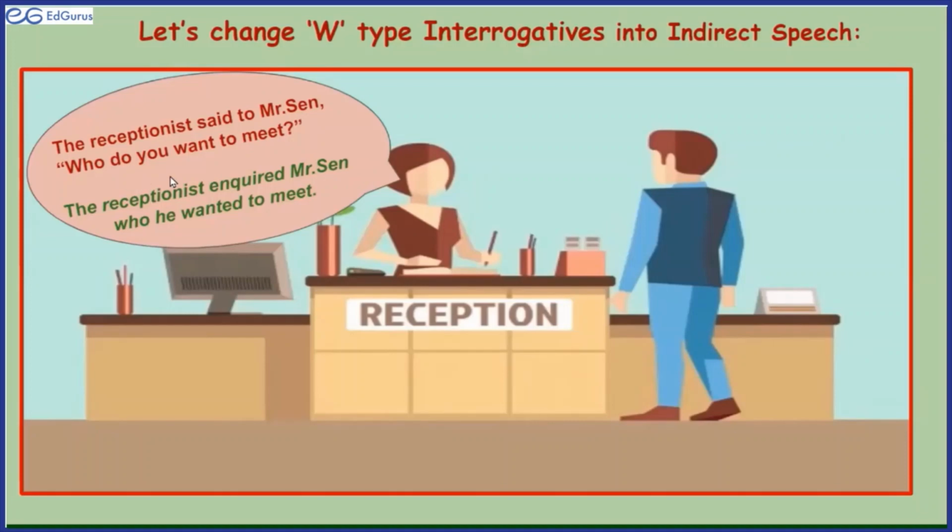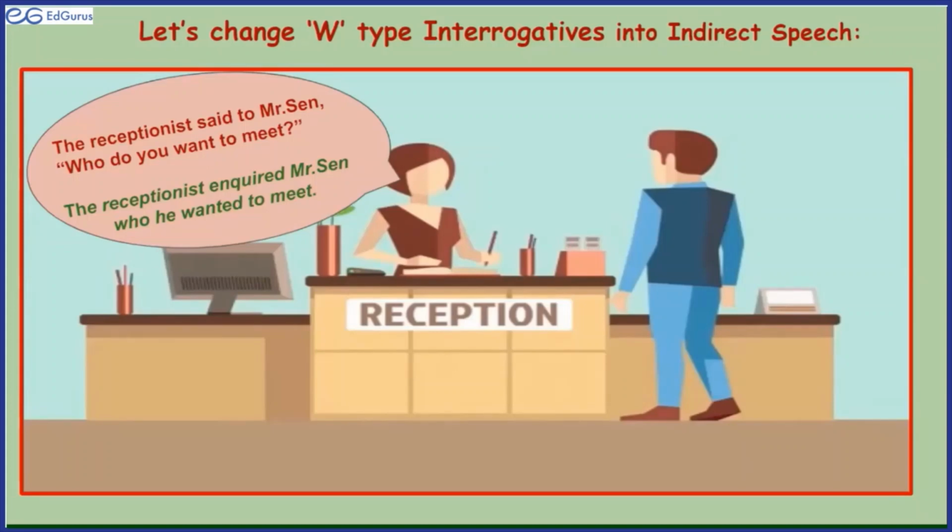Simple present. This simple present would be changed into simple past. So in simple past, want will be changed into wanted. But then you cannot say who he did wanted know. Who he wanted to meet. This is one thing, clear?